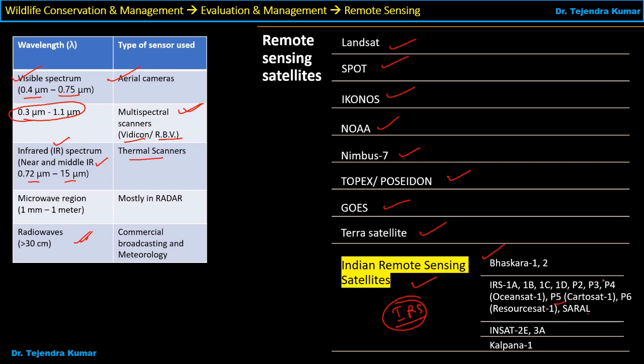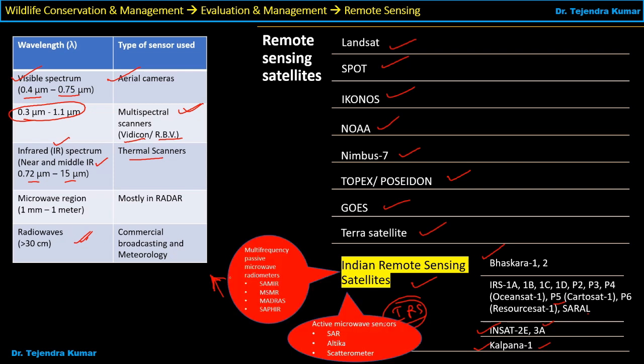And there are many other satellites available, like Cartosat 1, Cartosat 2, Resourcesat 1, Resourcesat 2, and so many. Insat 2E, 3A, Kalpana 1, and many more. These are Indian remote sensing satellites, and they use different wavelengths and sensors which we have seen here in this table.